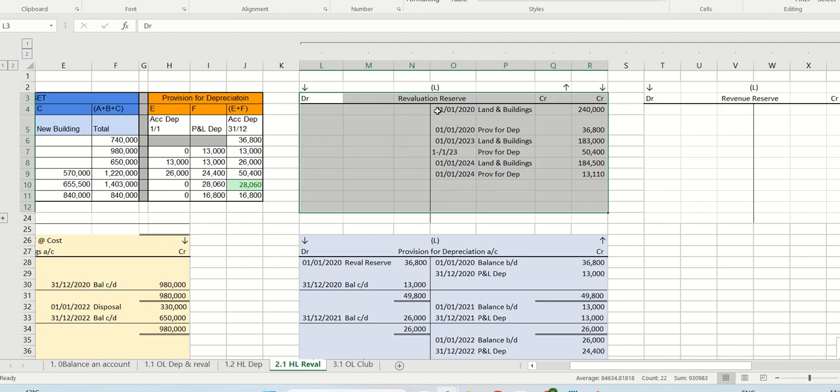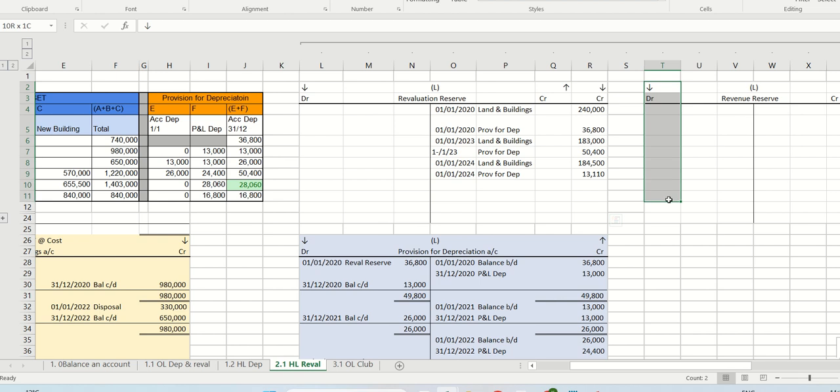So this is the I think my assets have gone up in value account. If you sell it and you got the money for it, which we did in both accounts, we made a profit on the sale, then you know you made a profit on it. So you can move it over into the revenue reserve account.